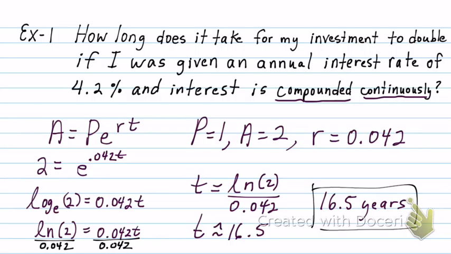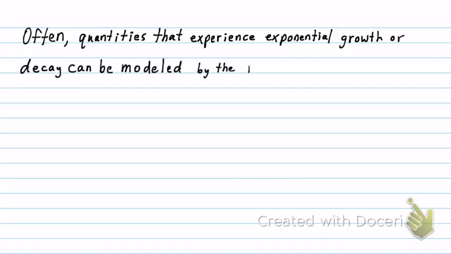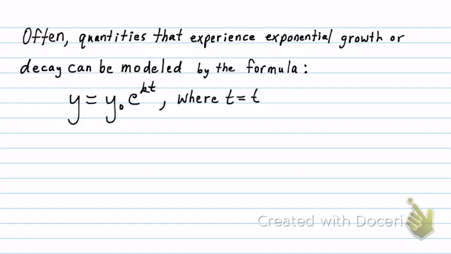Let's move on to the next problem, but before we do that, we need to talk about a new formula, although it's really not new. So often quantities that experience exponential growth or decay can be modeled by the formula y equals y naught times e to the kt power, where t is equal to time.